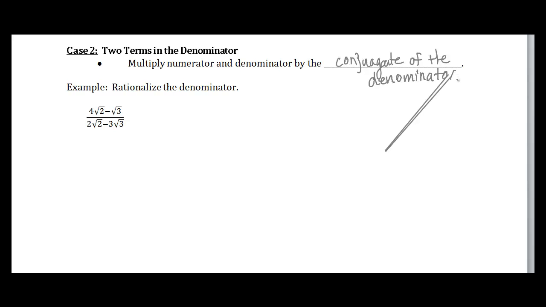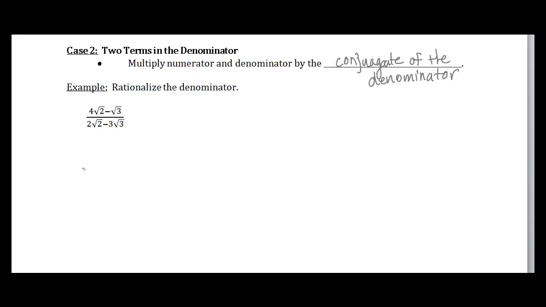Because when I multiply my conjugates, I'm actually going to be squaring my two terms, right? I had that formula earlier that I square my first term and then square my second term in the binomial when we multiply conjugates. And that helps us rationalize our denominator when we have two terms in the denominator.